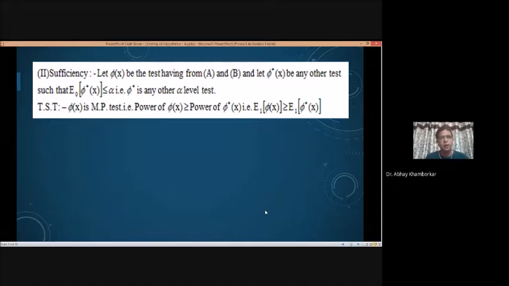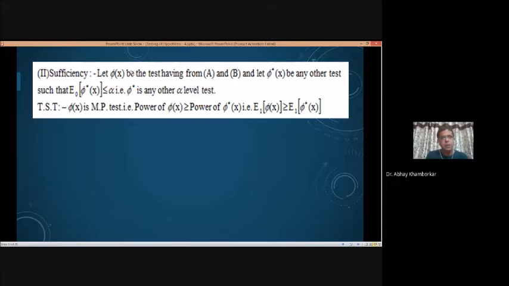Let phi of x be the test satisfying condition A and condition B, and let phi star x be any other test such that expectation of phi star x under H0 is less than or equal to alpha. The meaning of this particular condition, expectation of phi star x under H0 less than or equal to alpha, is that phi star is any other alpha level test.